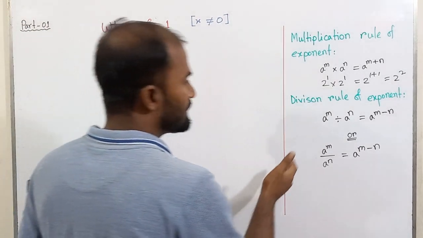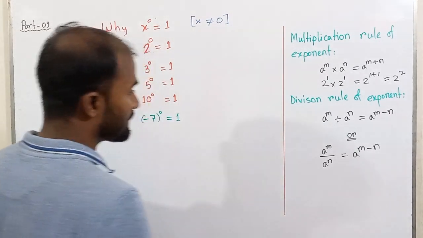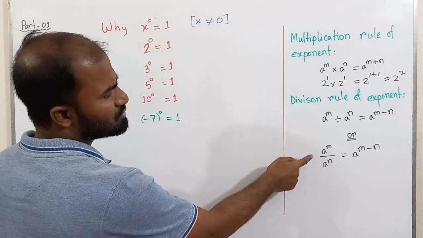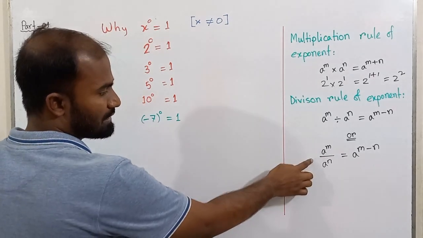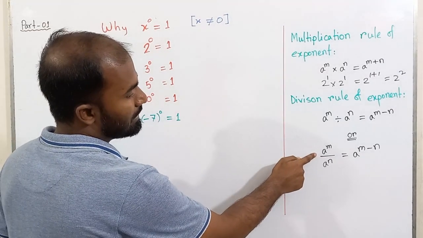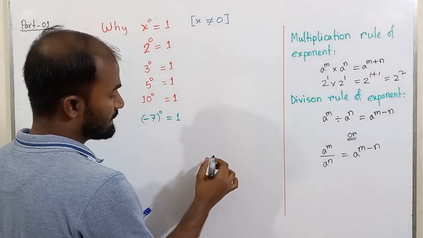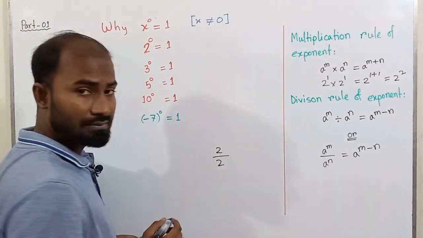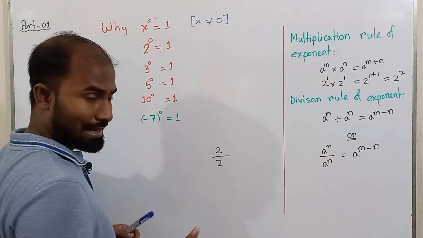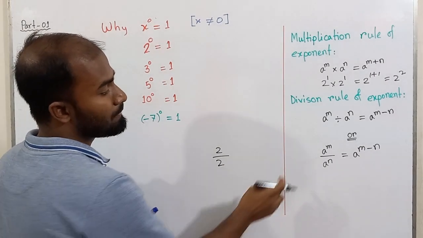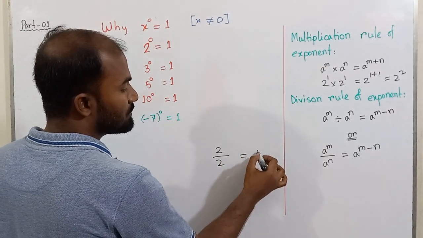So let me discuss the second rule, the division rule of exponent. Here these two formulas are the same, and if we take this formula, we can see the base is also equal here. If we take 2 as a base, and we follow this formula for understanding, and if we take the common base 2, then obviously the answer will be 1.